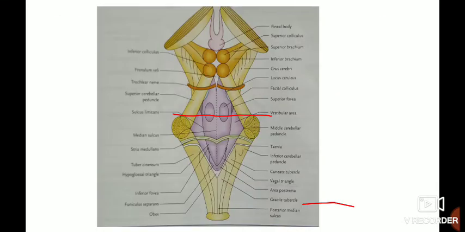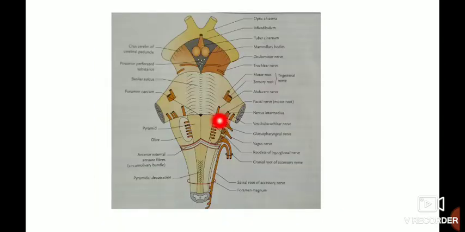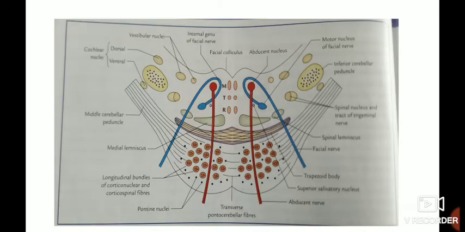So you can see from this aspect, you have the abducens nerve here and the facial nerve on the lateral side of the abducens nerve. Another nucleus that you will find on this aspect is the superior salivary nucleus, and the inferior salivary nucleus.